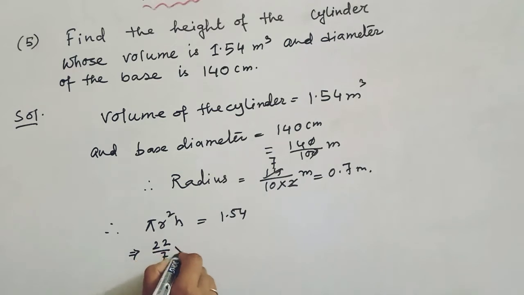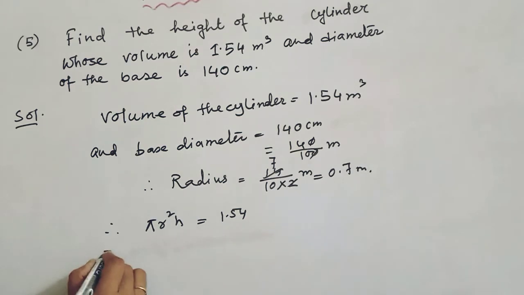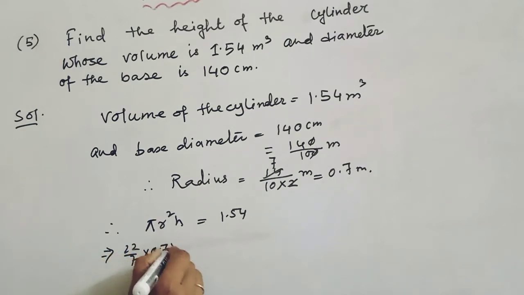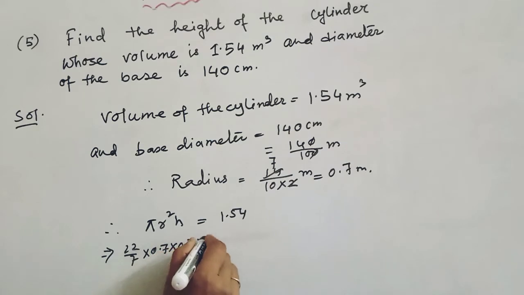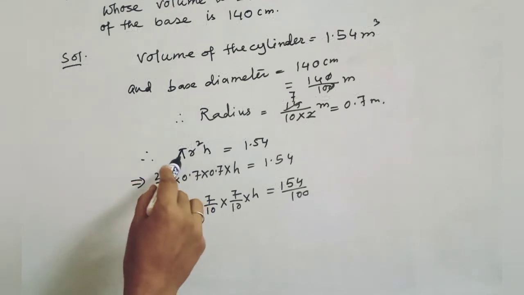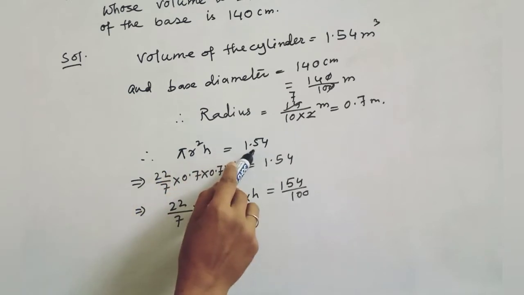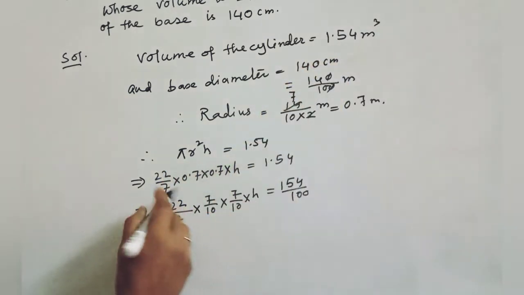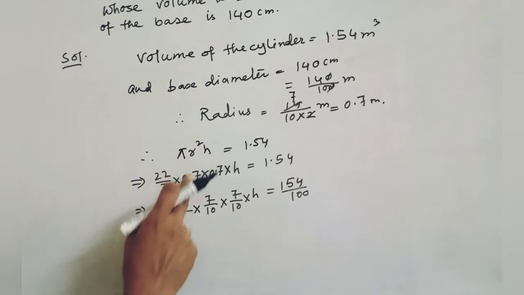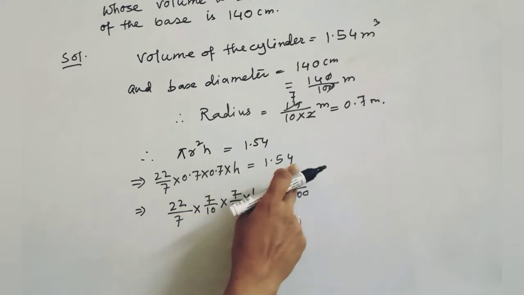So 22 by 7 into r square, which means 0.7 two times, into h is equal to 1.54. The formula of the volume is pi r square h equal to 1.54 meter cube, as given. Now pi means 22 by 7, into 0.7 into 0.7, into h is equal to 1.54.